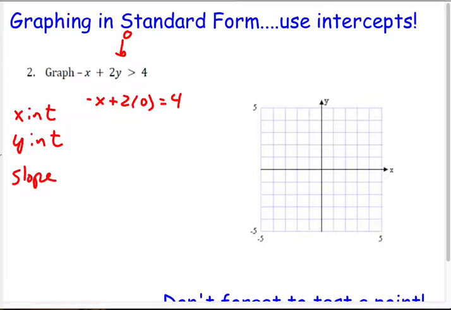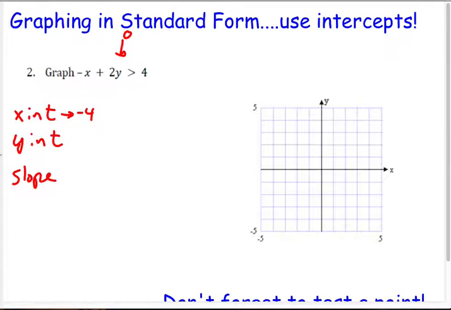For right now, when we graph this and start shading it, we'll worry about the inequality. So negative x equals 4, or dividing both sides by negative 1, I get x equals negative 4. So my x-intercept is negative 4.